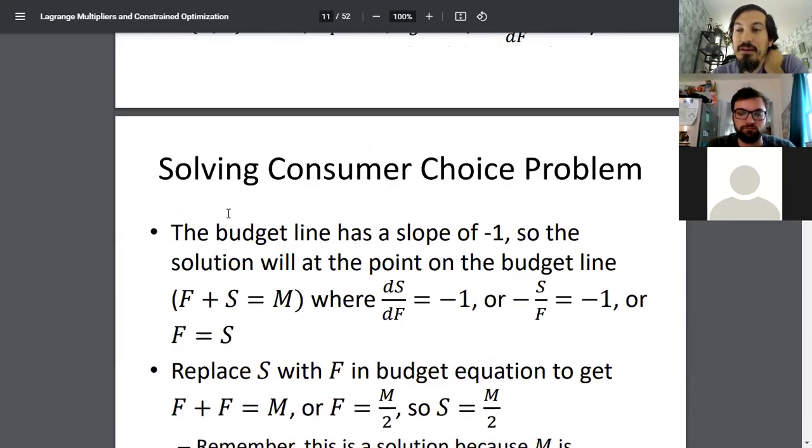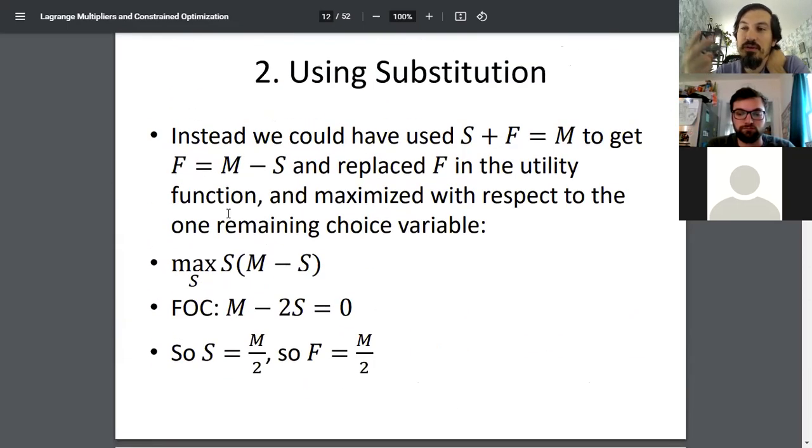So really method 1 and method 2 are very similar, except the order in which you do it is different. In method 1, we looked at finding some first order condition and then plugging that into the constraint. Whereas in method 2, I'm looking at the constraint, solving one variable in terms of the other using the constraint, then plugging that into the objective function, and then I'm maximizing.